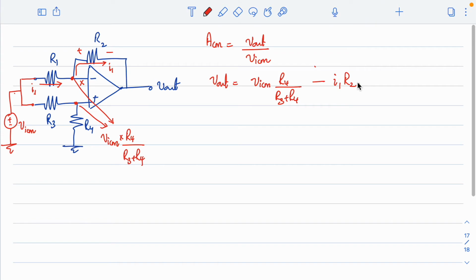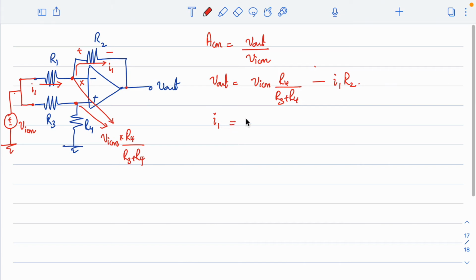There are different ways we can write V out. This is one way. So this V out is this node voltage minus the drop across this. Now how can I write I1? I1 is the current flowing through R1, which is the same as the current flowing through R2. This node voltage is VICM and this node voltage is VICM into R4 by R3 plus R4.